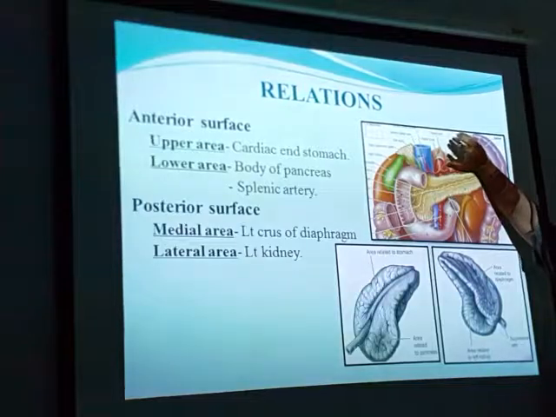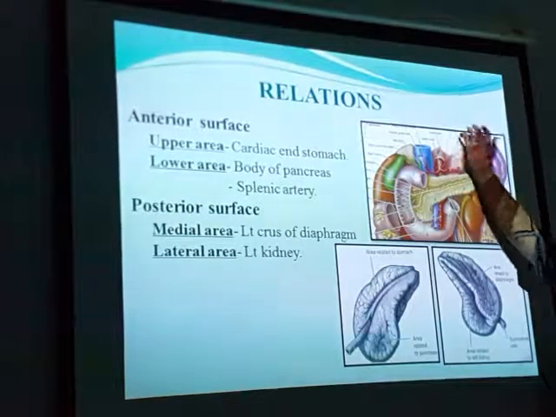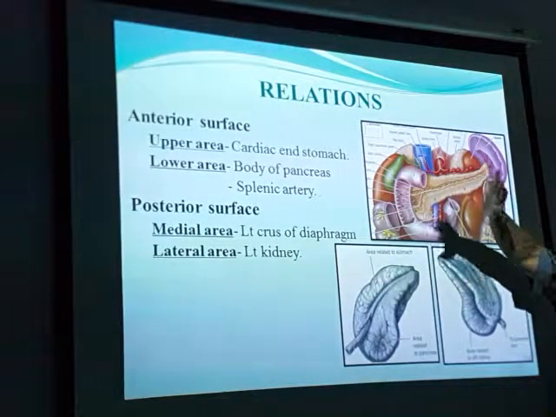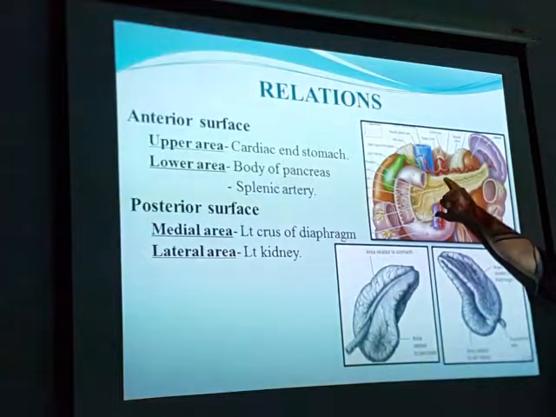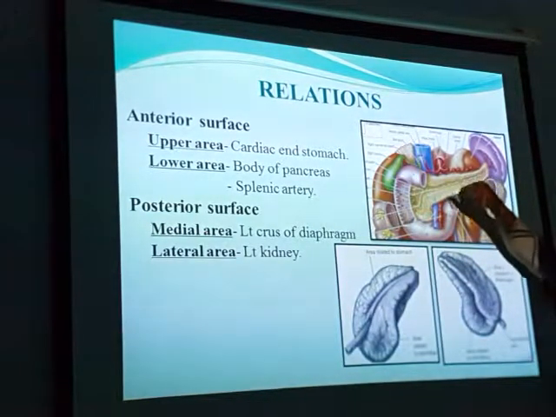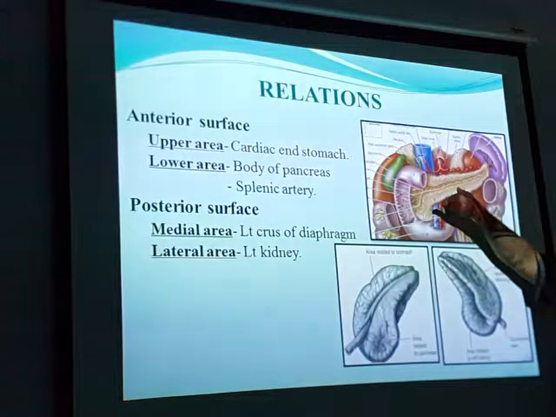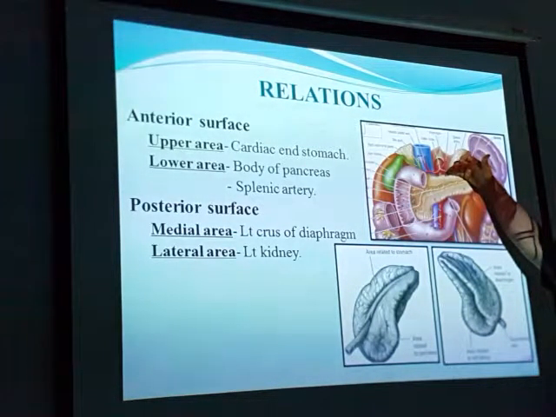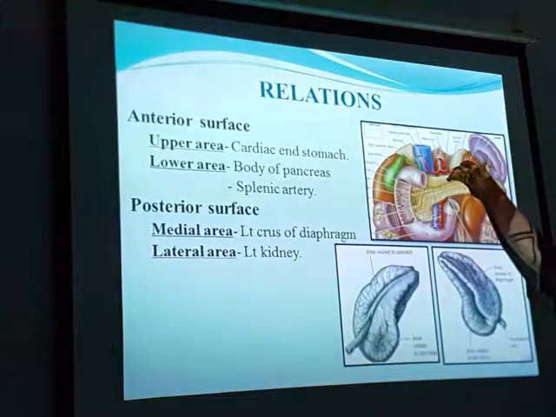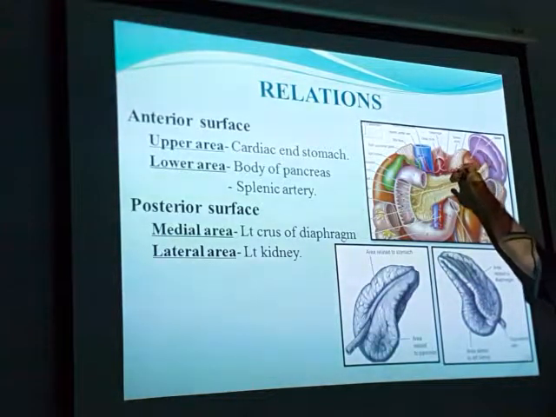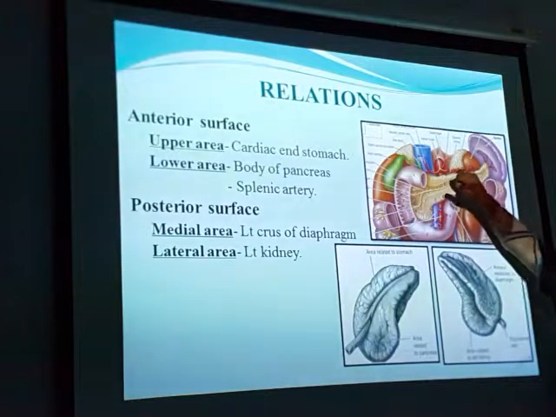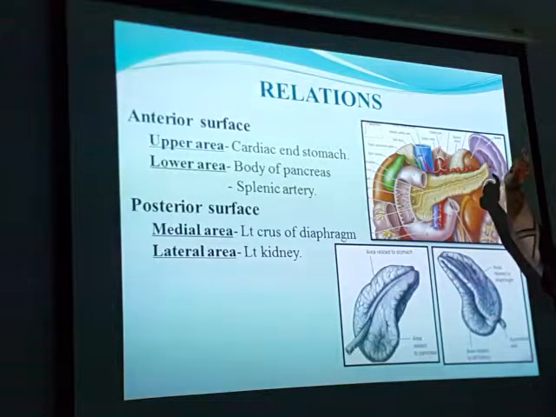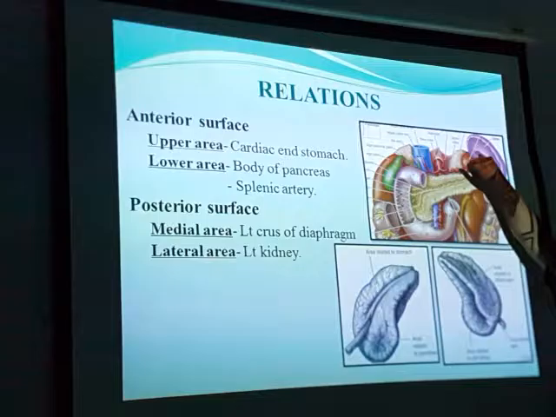The stomach has been removed here to show the gland. And here is the body of the pancreas. So the lower part of the anterior surface is related with the body of the pancreas and the artery which supplies the spleen.